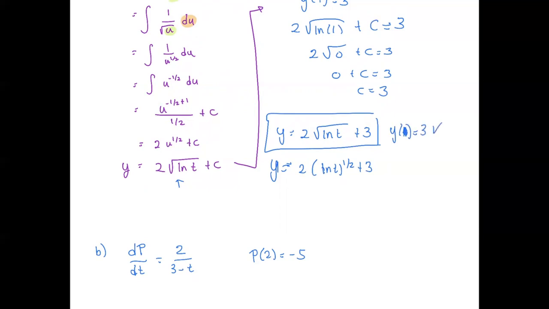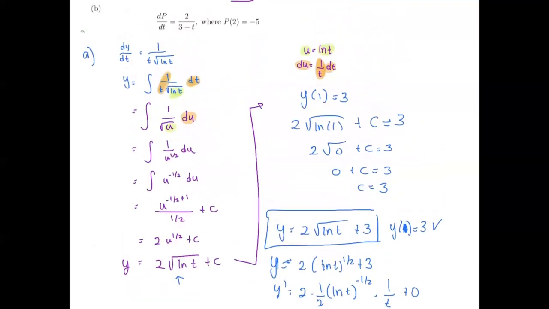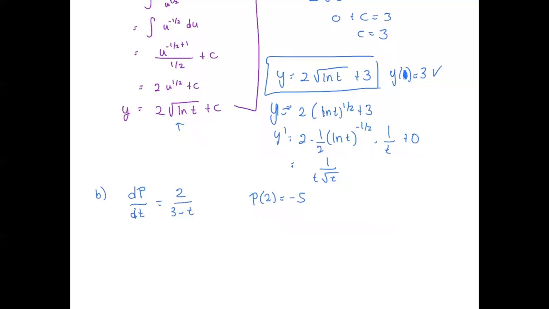So that's satisfied because natural log of 1 is 0. But when you take the derivative, you get 2 times 1/2 ln of t to the minus 1/2 times 1 over t plus 0. And when you do all the algebra here, you get 1 over t radical t, which is what you wanted. You wanted the derivative to be that. I took the derivative and I got exactly what I wanted.